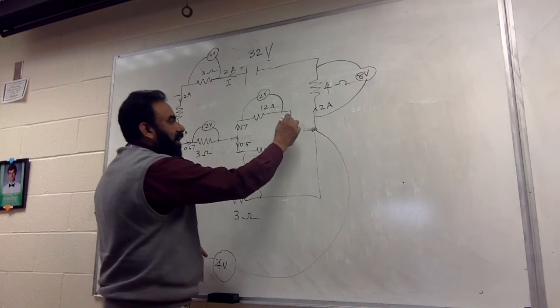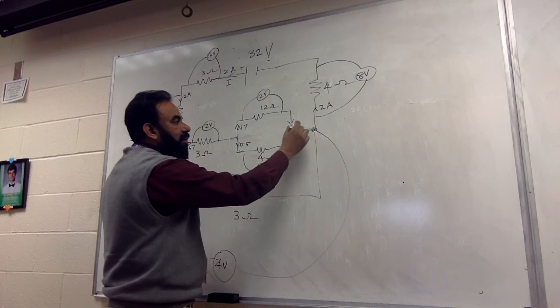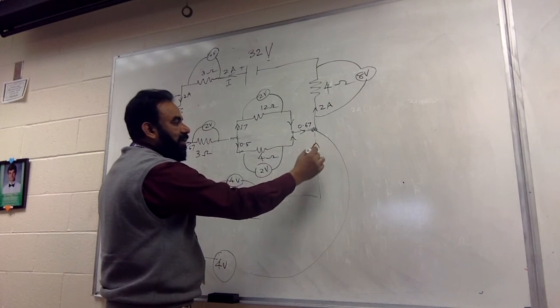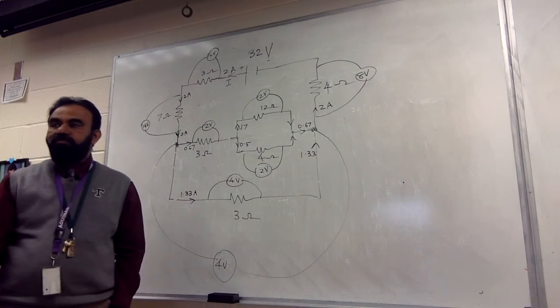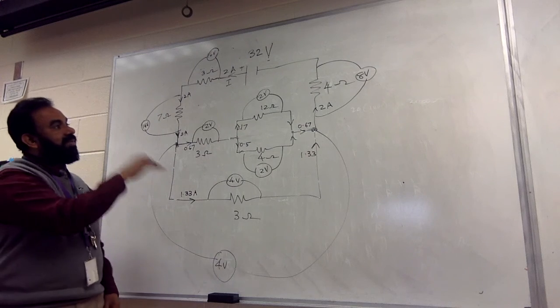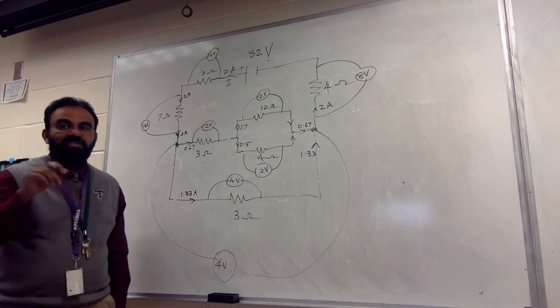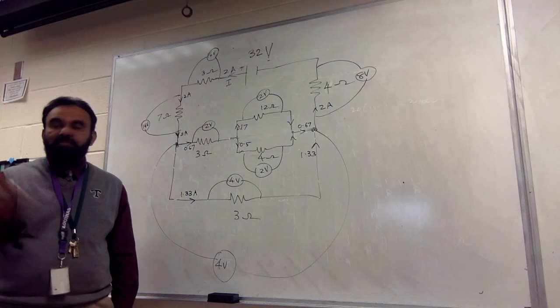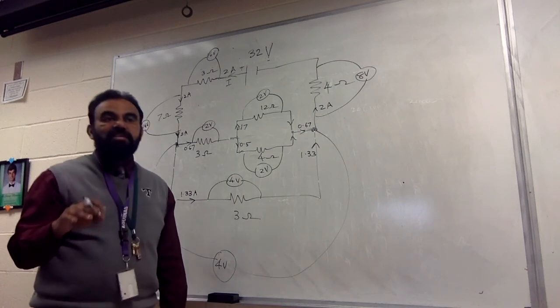And then it joins back again here. What's the current here? 0.67. What's the current coming here? And then it joins up to make it 2. So it's a circuit where you can discover everything. We have discovered all the voltages across each resistor and all the currents through each resistor, using simple fundamental concepts of resistances connected in series and parallel.